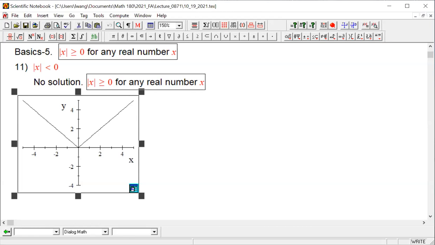If I show the graph for less than 0, how do you show less than 0? There's no graph in the negative part. If you look at the entire graph, this piece is positive, this piece is positive. You just have 1 point that's a 0. You don't have any negative piece, so there's no solution.